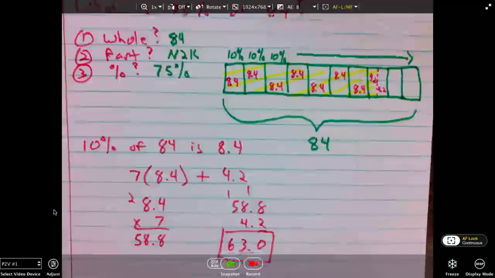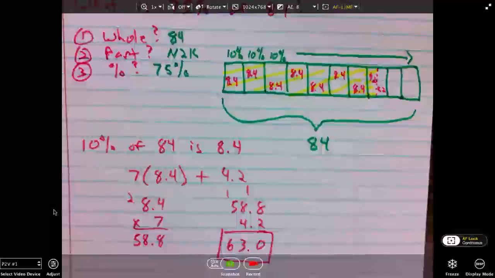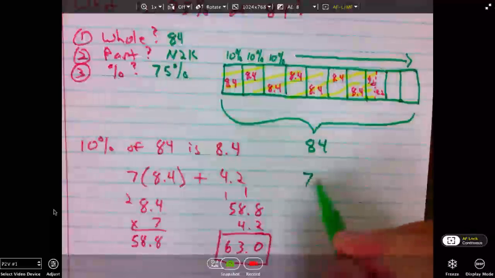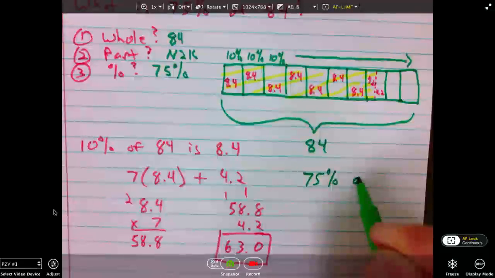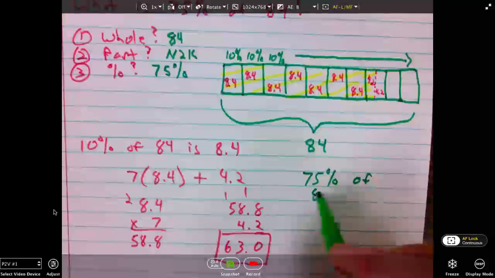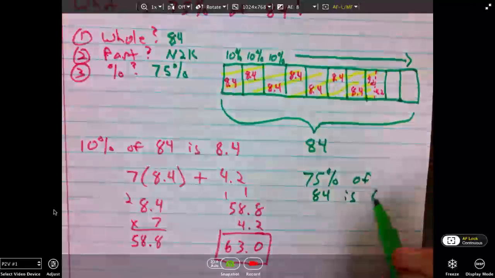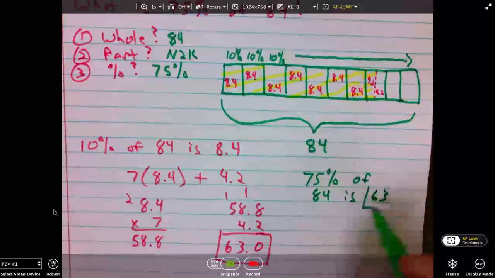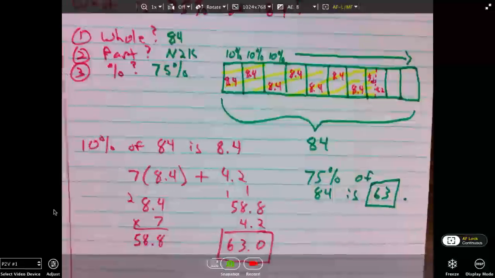I will make that statement lastly. 75% of 84 is 63. That is the number we're looking for.